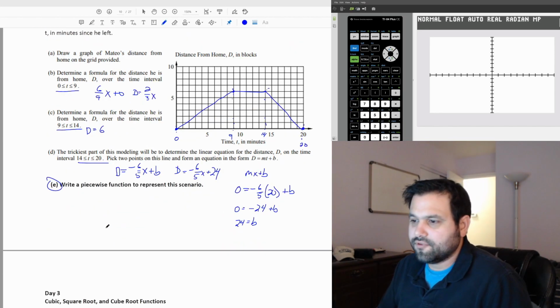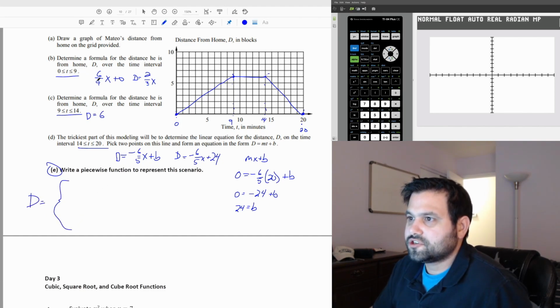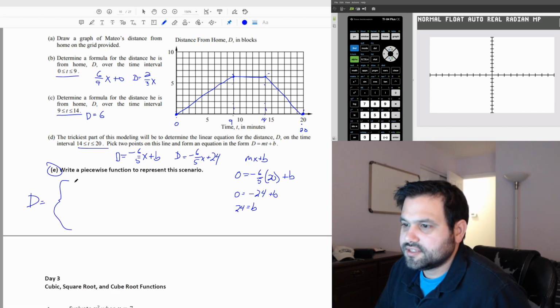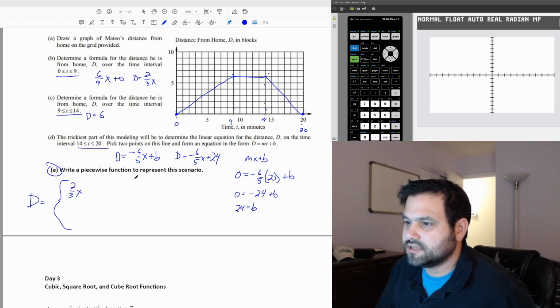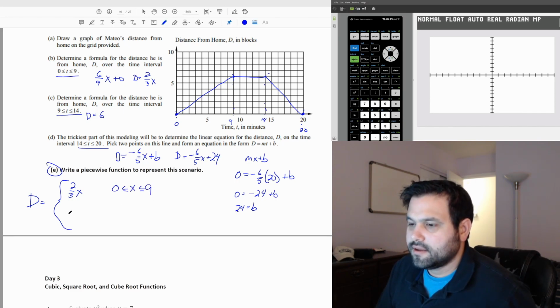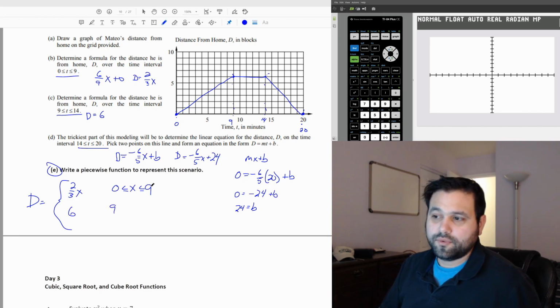Now we can go ahead and write the full piecewise function. The first part of this was 2/3 x. And that happens from 0 to 9. And then I have this 6. And that's going to happen from 9 to 14. And then remember, we've just used 9. We've just included it.